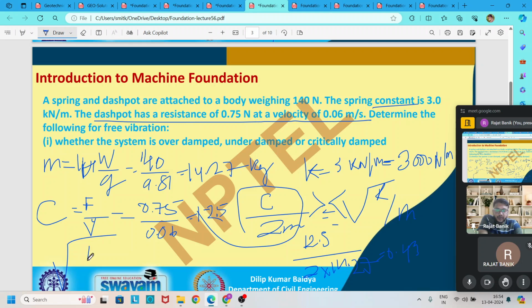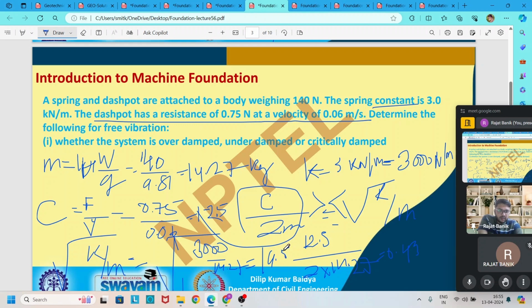Then root over K by m, which is called the natural angular frequency, is equal to root over 3000 divided by 14.27, which is equal to 14.5.